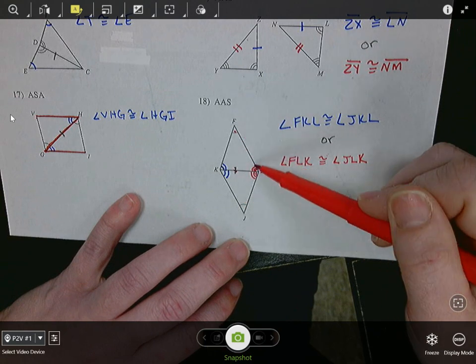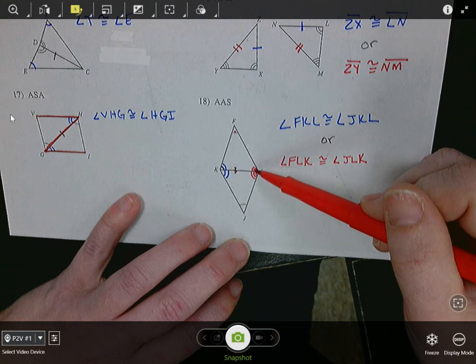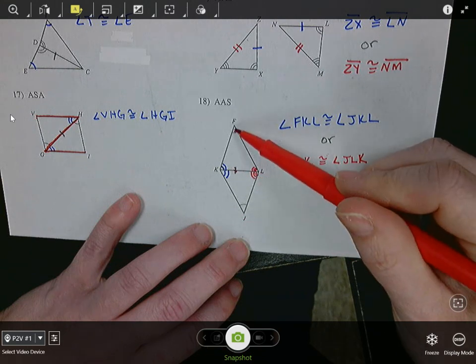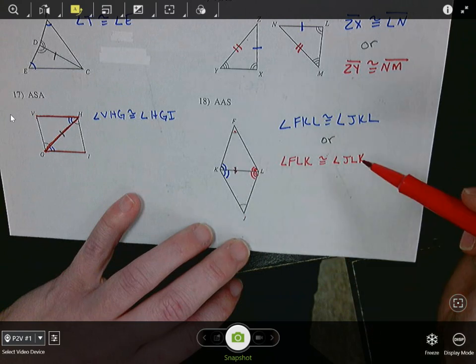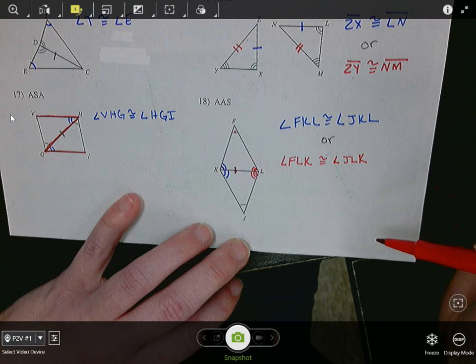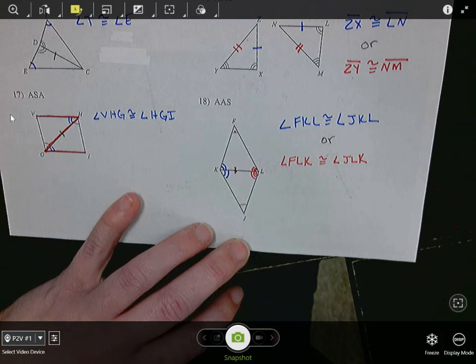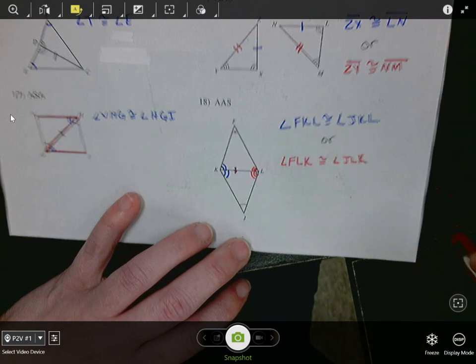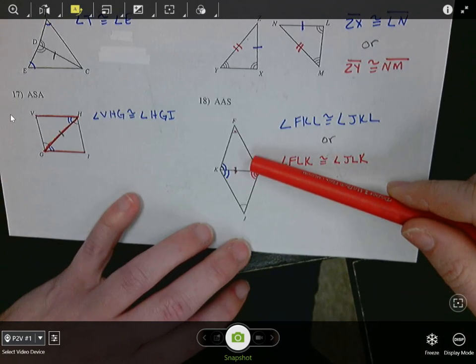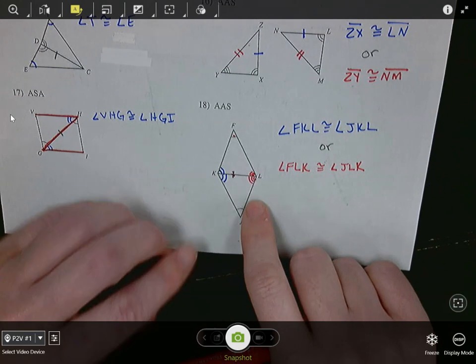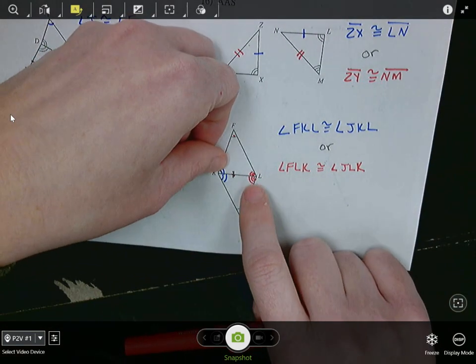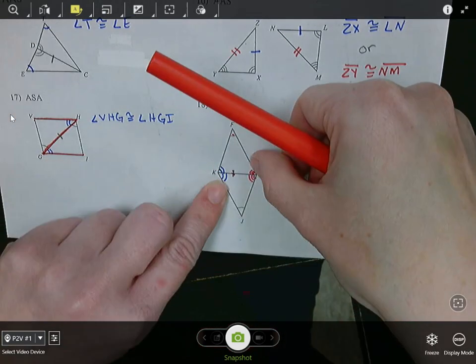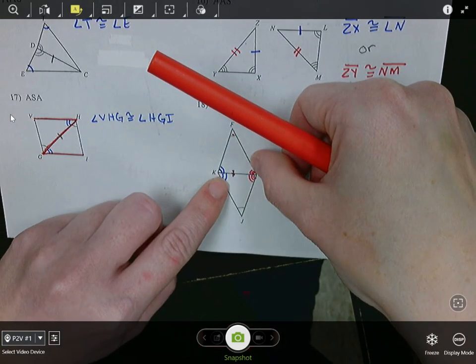Or if I went this way, angle, angle, side, this angle here, FLK, would need to be marked congruent to JLK. Now you could have looked at this like it was a rotation, and instead of the two congruent sides being right next to each other, you could have said this angle and this angle could have been congruent, FKL and JLK, or these two congruent, FLK and LKJ.